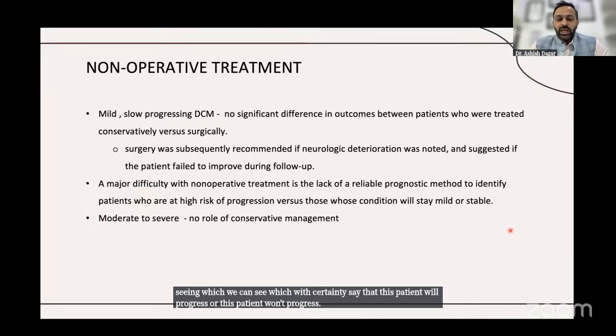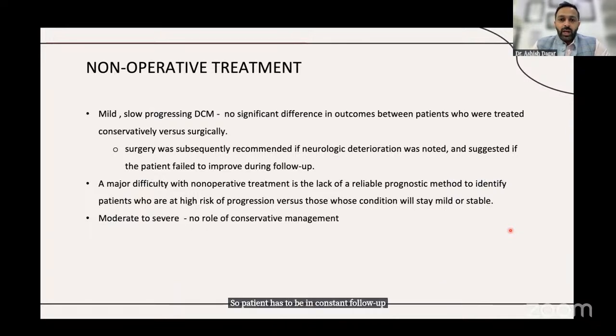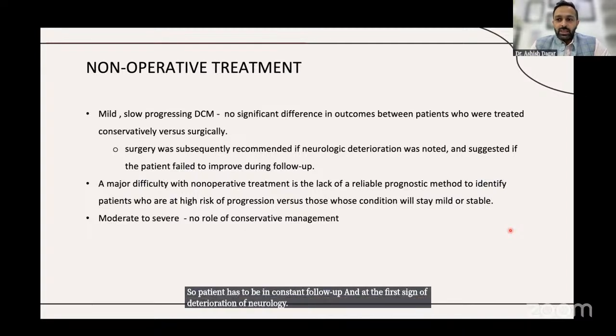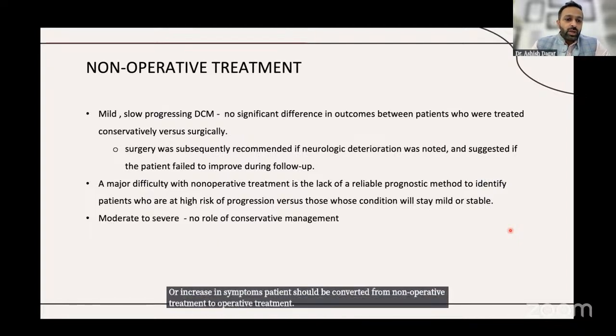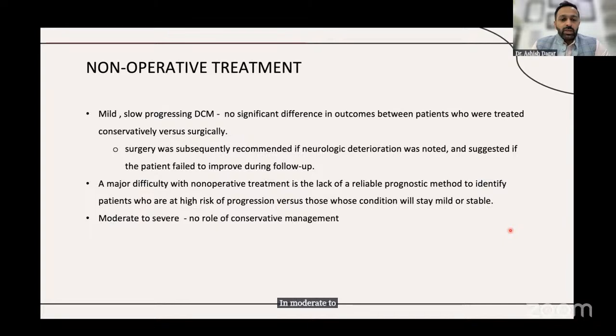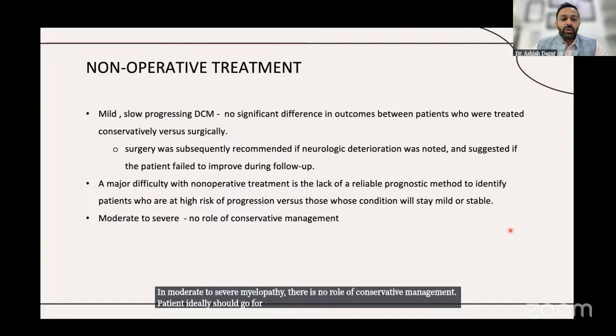So the patient has to be in constant follow-up, and at the first sign of deterioration of neurology or increase in symptoms, the patient should be converted from non-operative to operative treatment. In moderate to severe myelopathy, there is no role for conservative management. The patient ideally should go for surgical treatment because that has better outcomes.